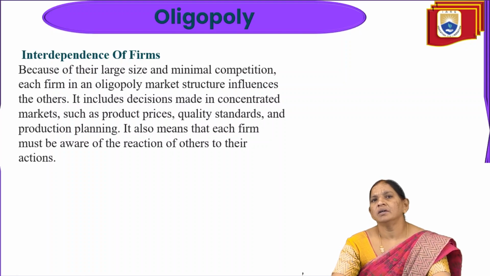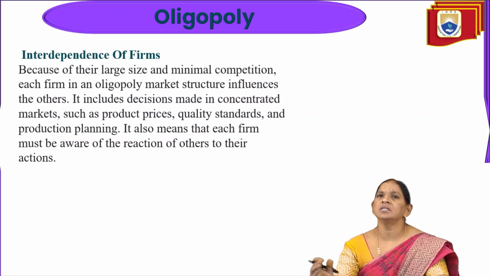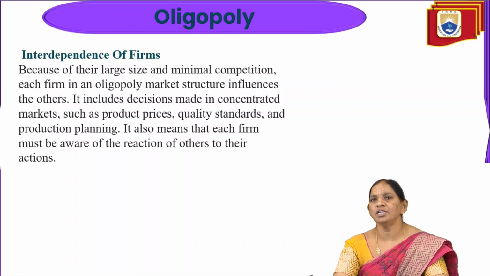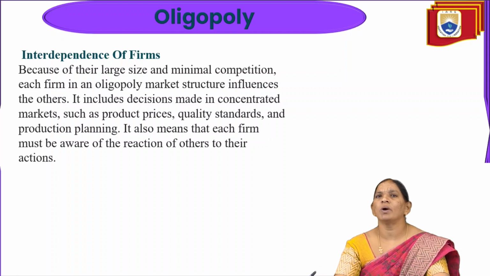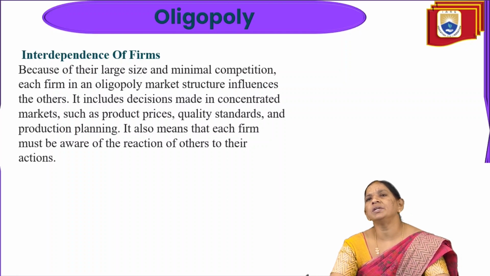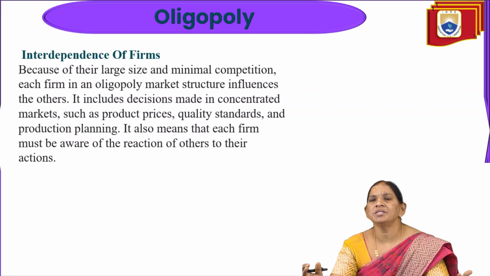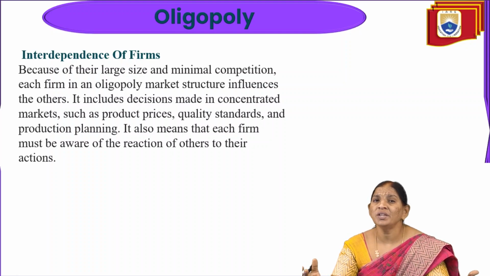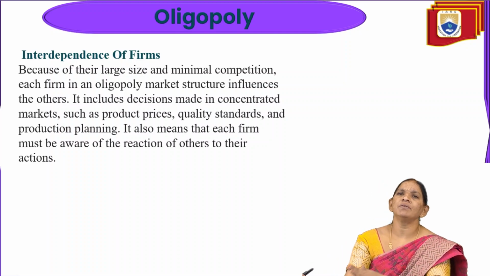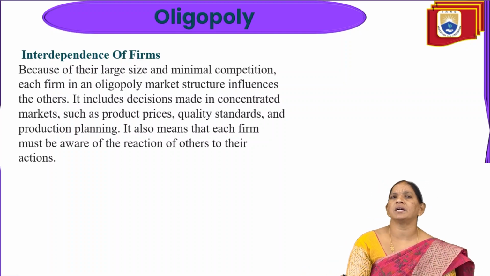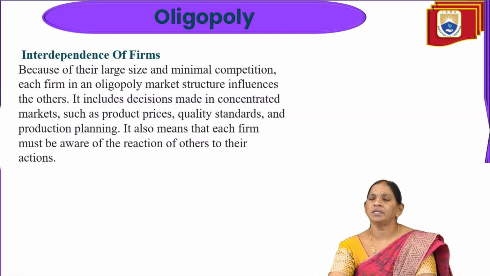So here it includes decisions relating to the concentration of the markets, product price, quality standards and production planning. So the quality standards, based upon the larger firm's influence and its planning capacity, the other firms will give the power to decide, and all will be dependent upon that firm.